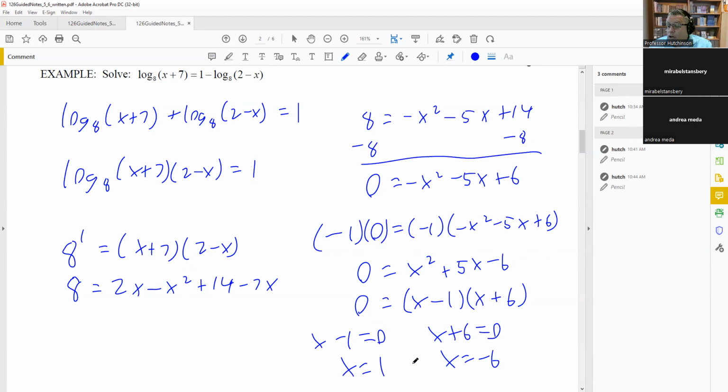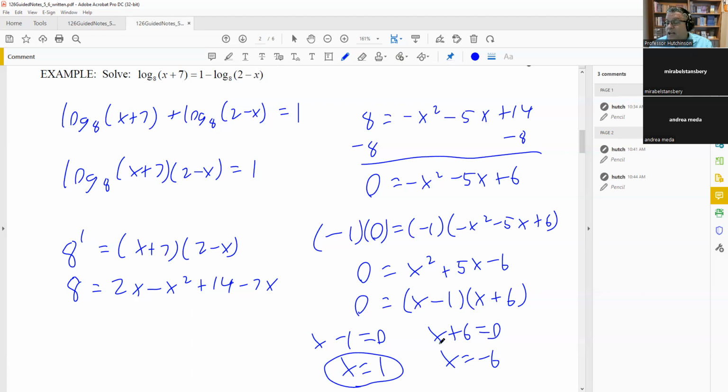So if I put a 1 in here, I get 1 plus 7. That's okay. That's positive. 2 minus 1 is also positive. So I know for sure that x equals 1 is one of my answers. But now I need to check this one.